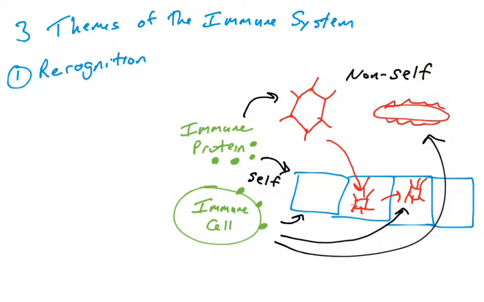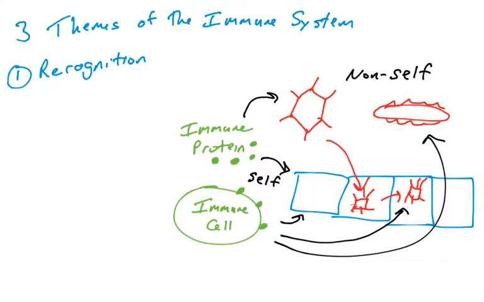So we have an entire array of proteins and other molecules that will bind to other molecules, and that binding could recognize those molecules as self or non-self. The non-self ones we want to mount an attack against.